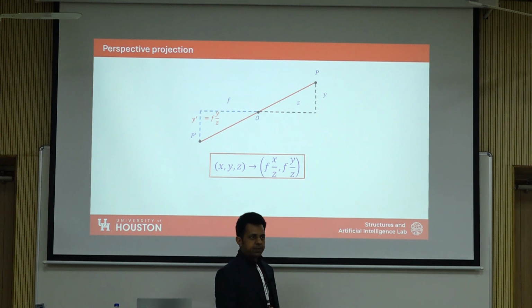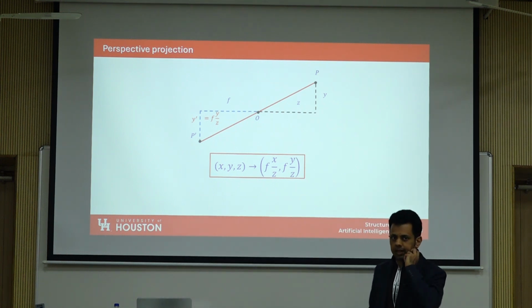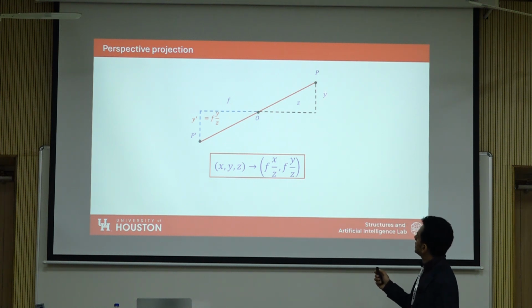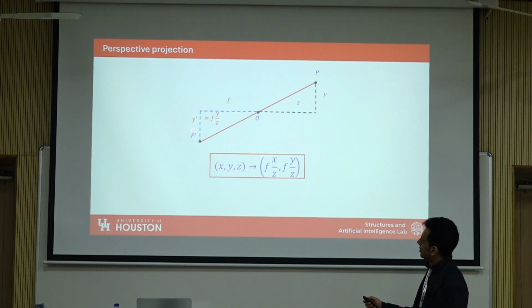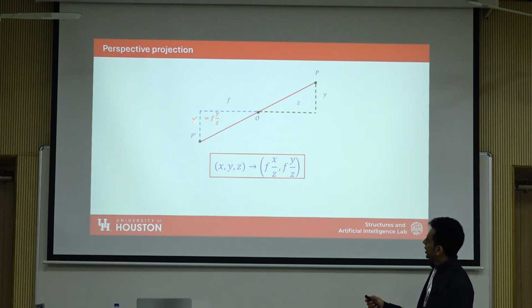Now we could abstract away these coordinates and have this geometric representation where we have this real world object point capital P, and we have its projection P prime. We have the height of the object y, we have its projected height y prime.